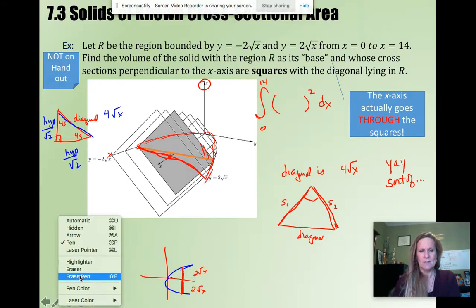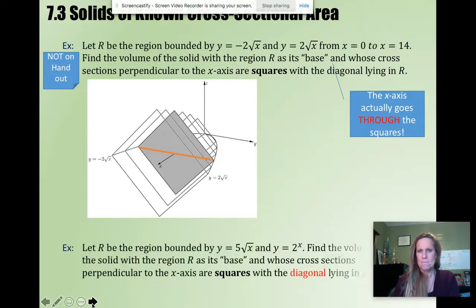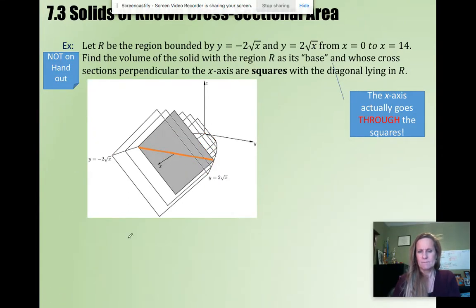All right, let me get all this mess off of here. So what do I want to do? The volume is the sum from 0 to 14 of the length of those sides squared, dx.